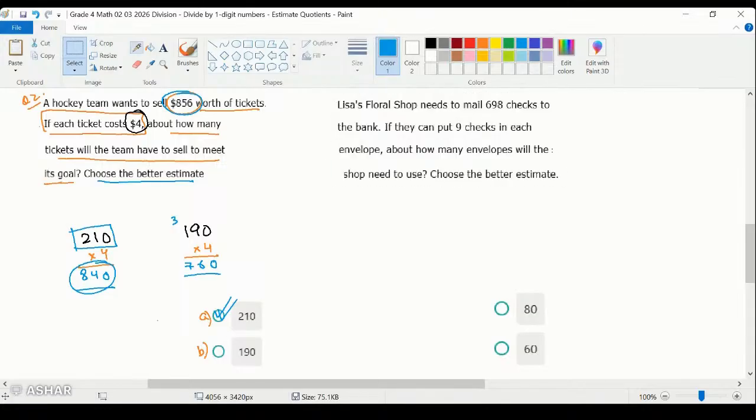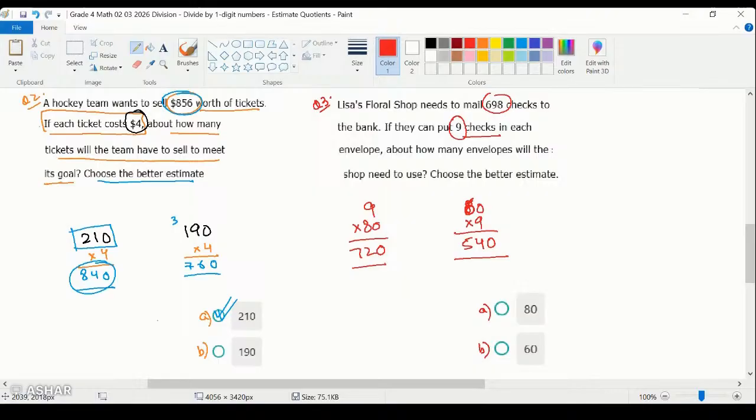Simple way is whenever we are doing an estimate, we multiply with the options. 9 checks, and we have to find these checks. So 9 multiplied by 80 is 720. And 60 multiplied by 9 is 540. So which is a better estimate?